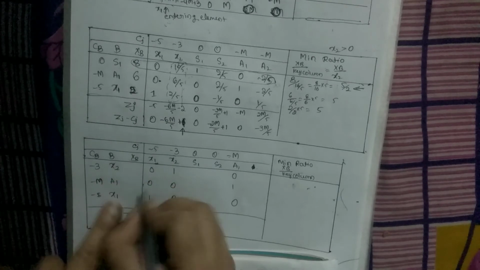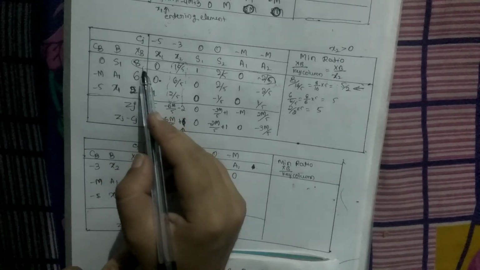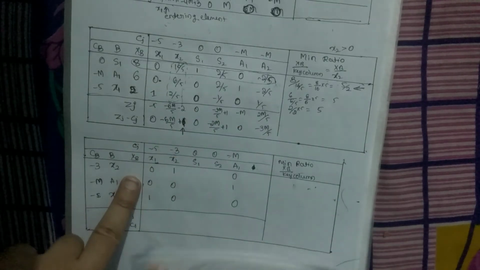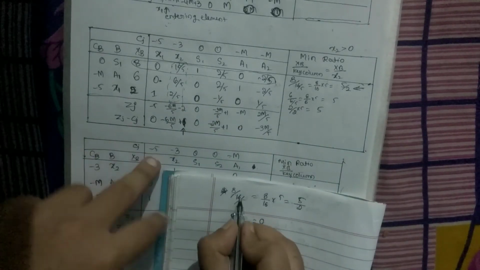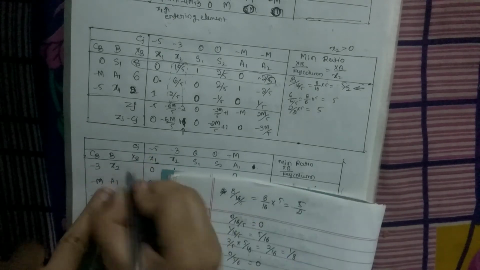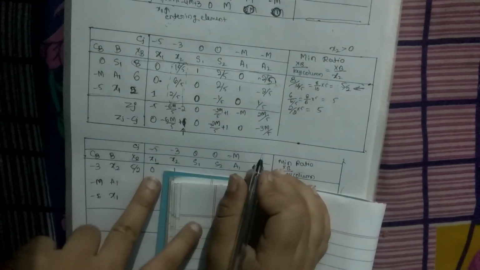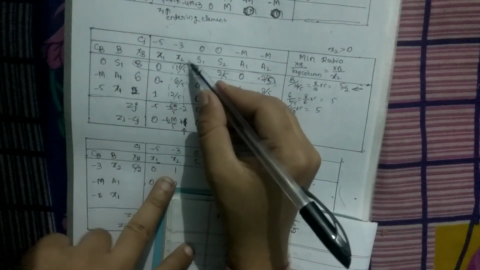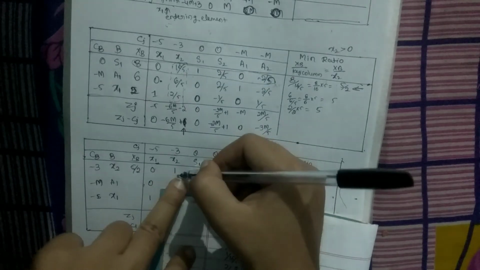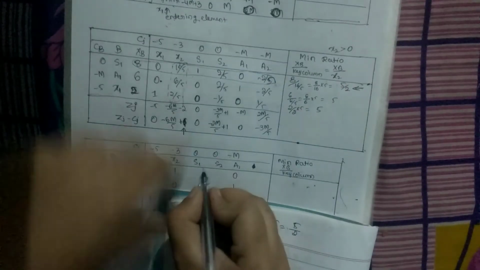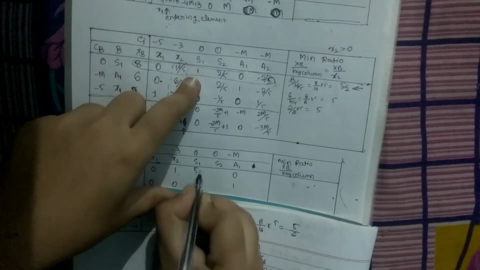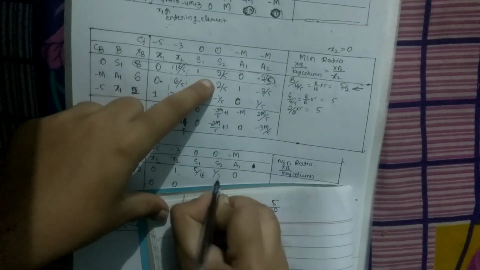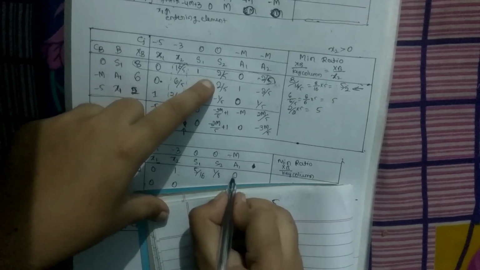To find, first, which is the key row, divide by the key element, so 8 by 16 divided by 5, that becomes 5 by 2. And next 0 by anything is 0, then 16 by 5 divided by 16 by 5 becomes 1, and next is 5 by 16, and next is 1 by 8, and a1 is 0.